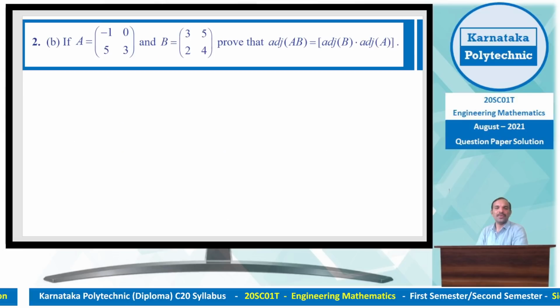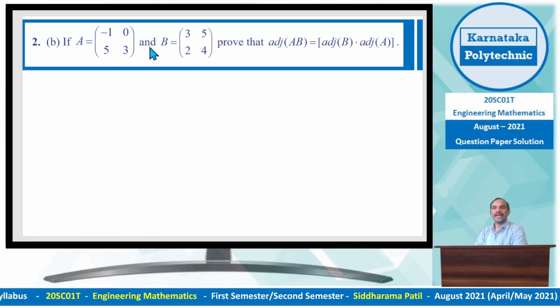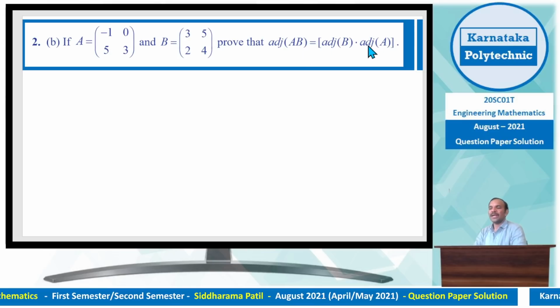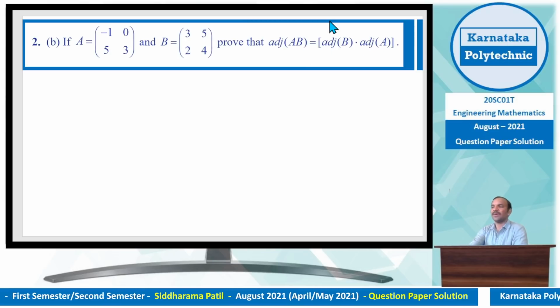Next question 2B. If matrix A equal to minus 1, 0, 5, 3 and B equal to 3, 5, 2, 4, prove that adjoint of AB equal to adjoint of B into adjoint of A. Solution.